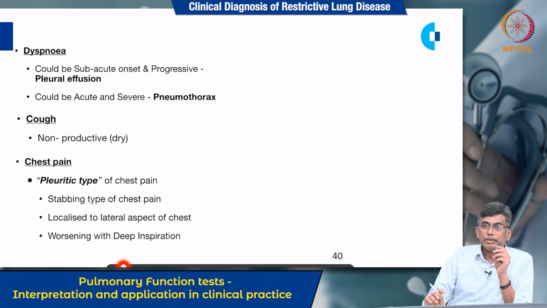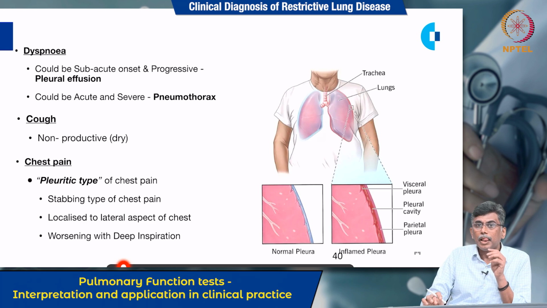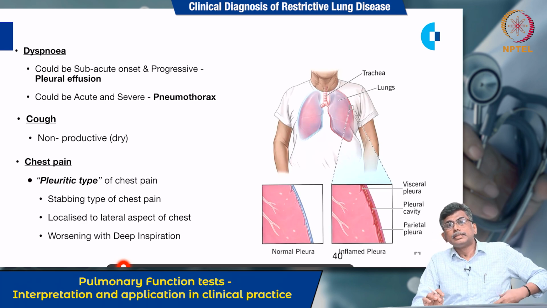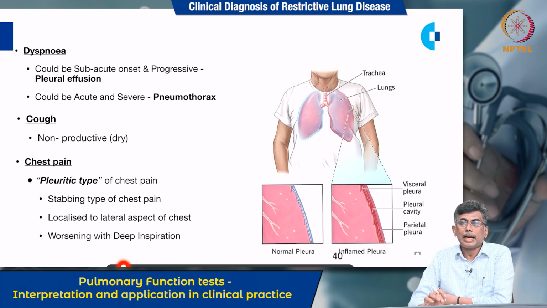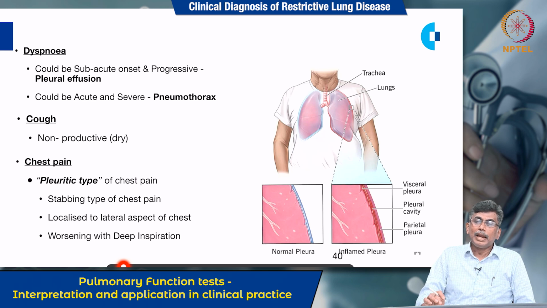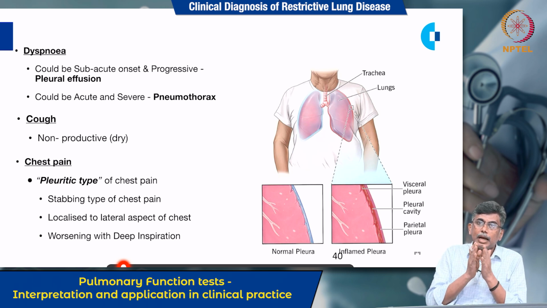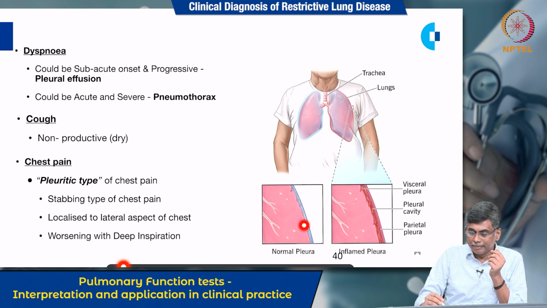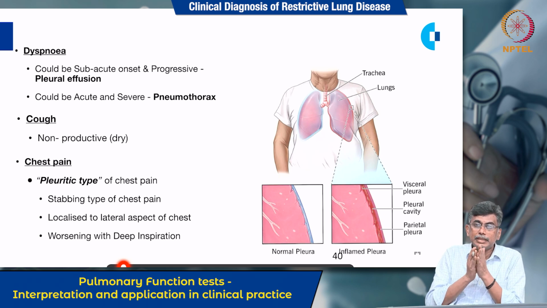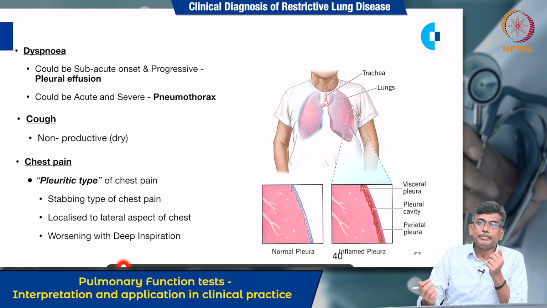Now certain points about pleuritic chest pain. Pleuritic chest pain is a chest pain which usually occurs in the lateral aspect of the chest. Why lateral aspect? It is where the parietal and visceral pleura are closer together, and when they are non-inflamed, there is no rubbing, but when they are inflamed, they rub. When that rub is there, they get severe pain.